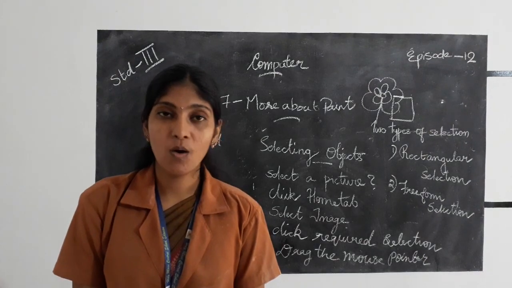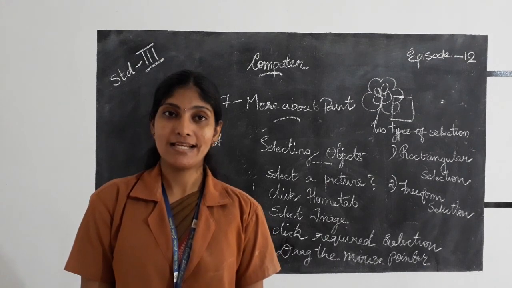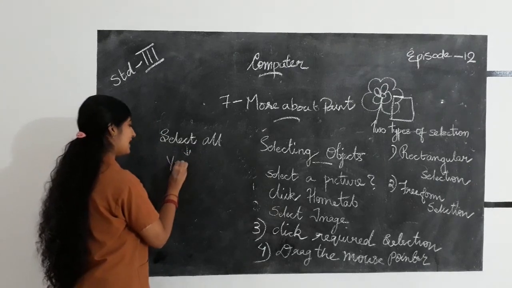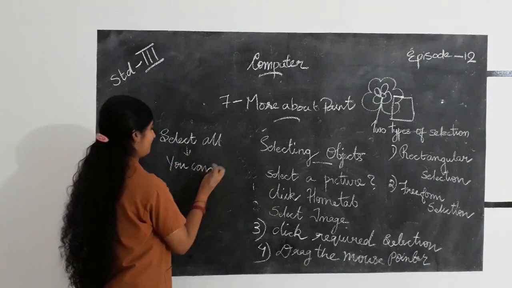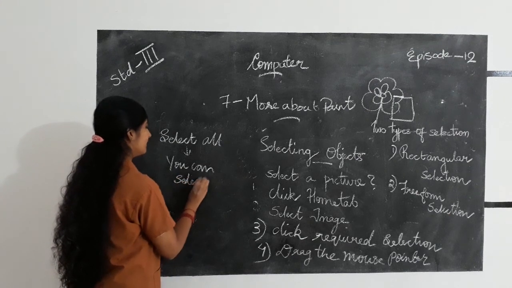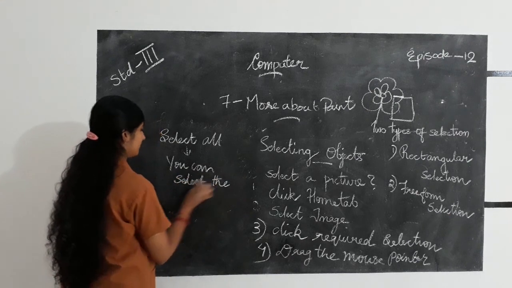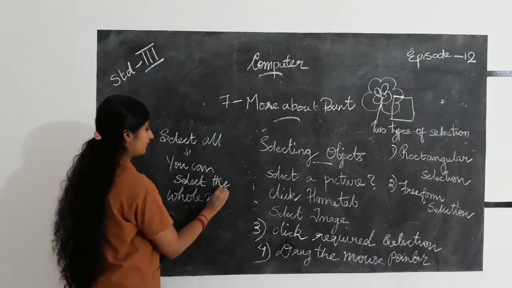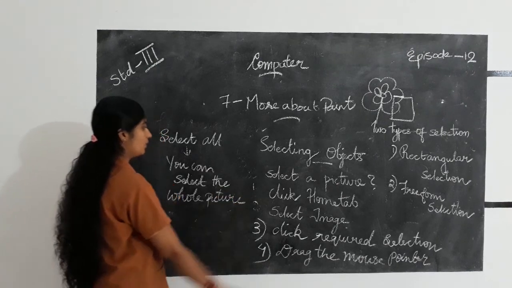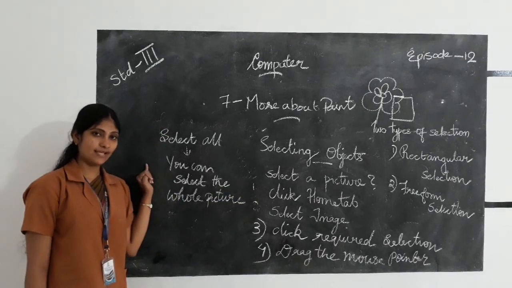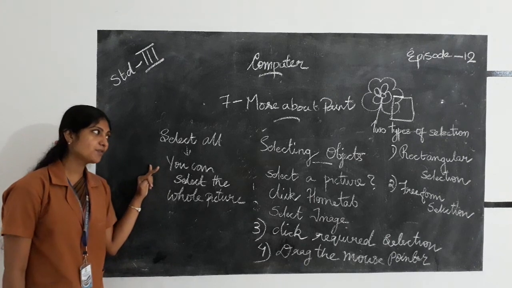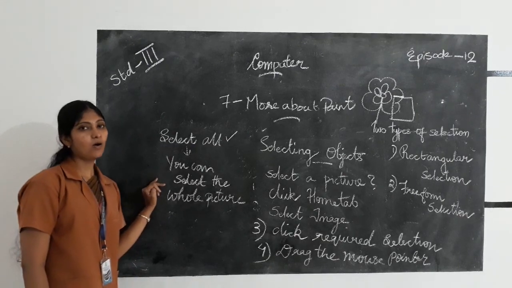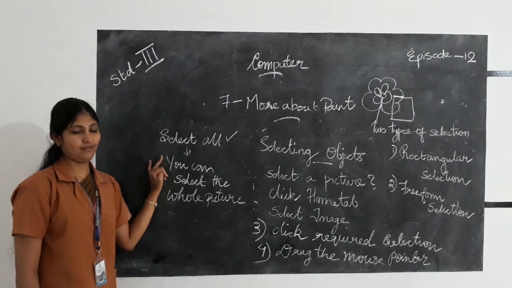So to select a whole picture, you can click select all. W-H-O-L-E, whole picture. So first option rectangular, second option freeform option, third option is select all. Select all means you can select the whole picture using this option.